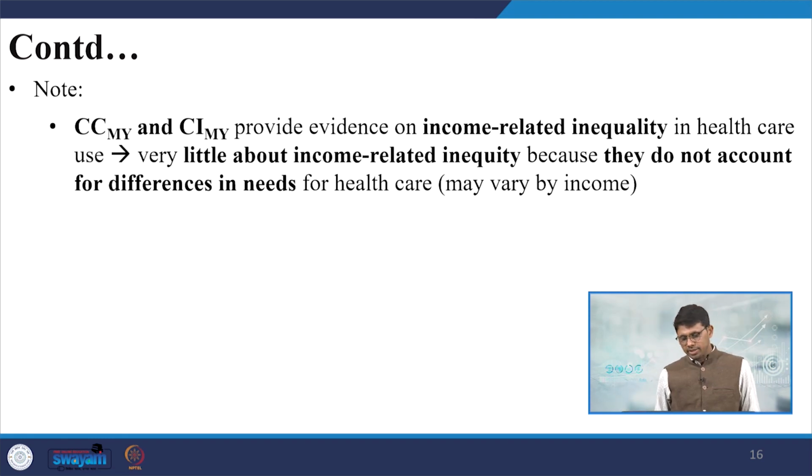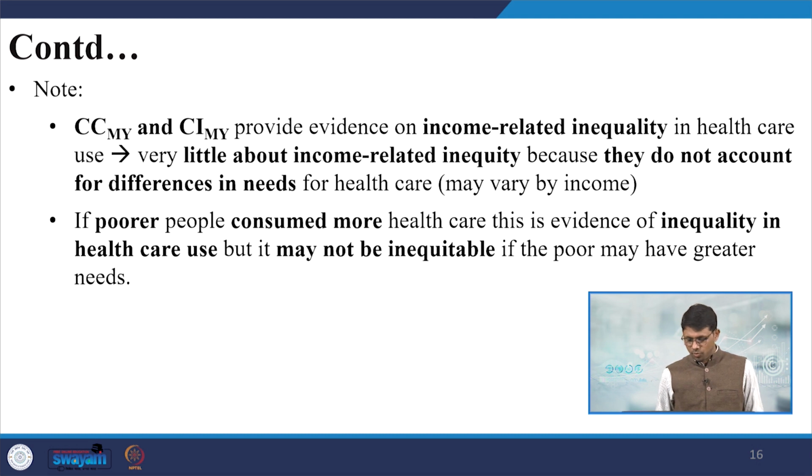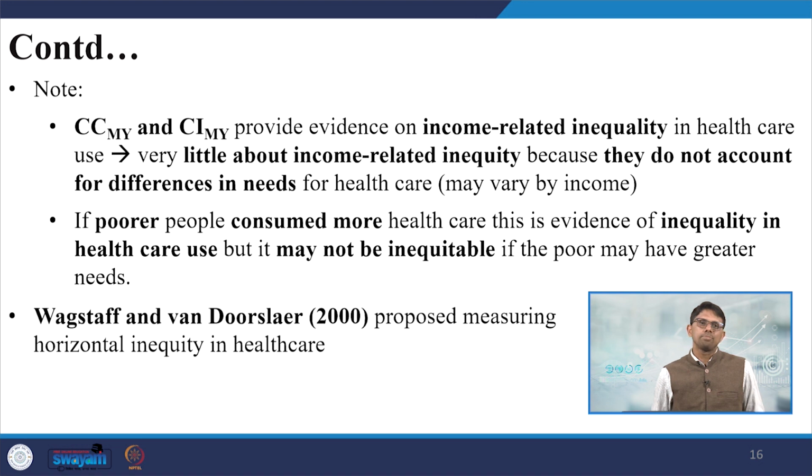But now when we track by income, we calculate the index with respect to different levels of income. So, if poorer people consumed more healthcare, this is evidence of inequality in healthcare use, but it may not be inequitable if the poor have greater needs.